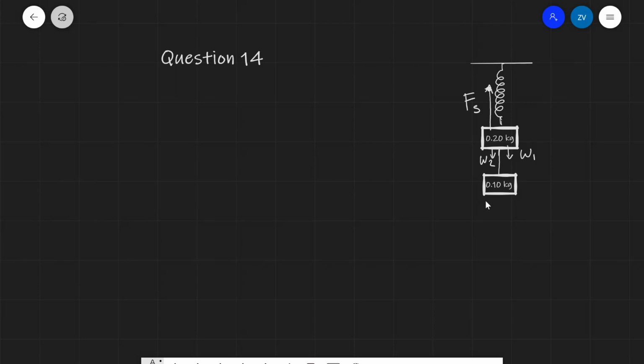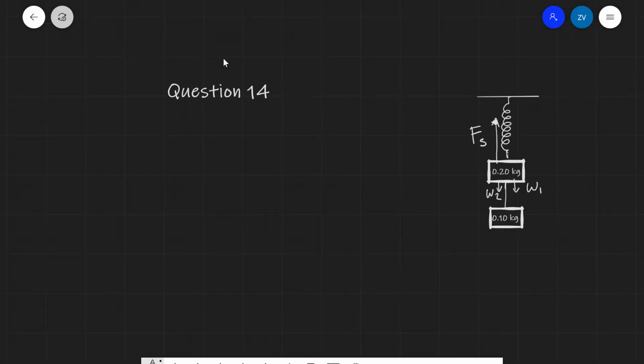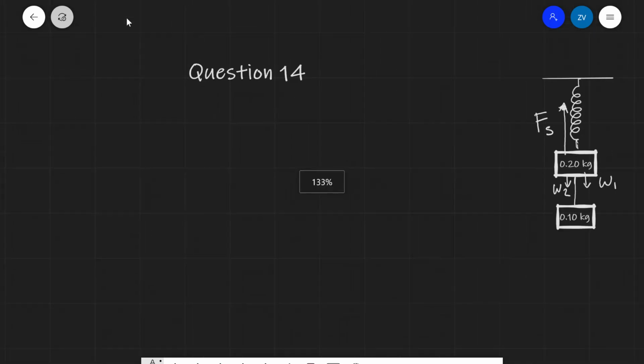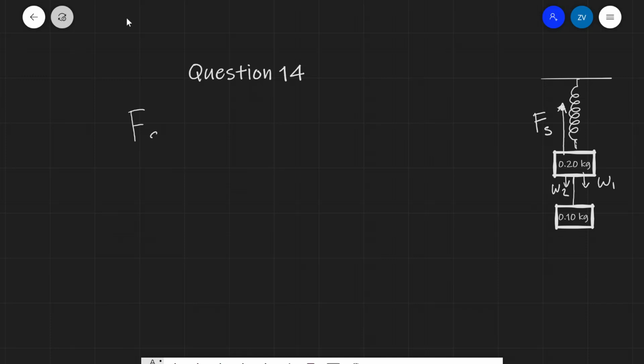2. Now, because initially the system is in equilibrium, we could write down an equilibrium equation, and say that the force of the spring is equal to the combined weights, like so.